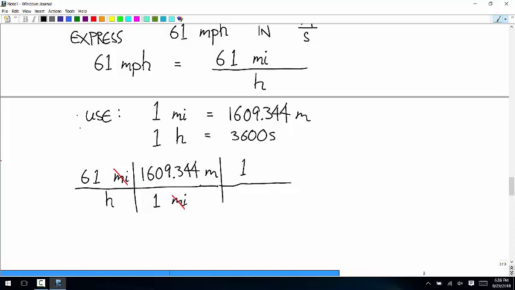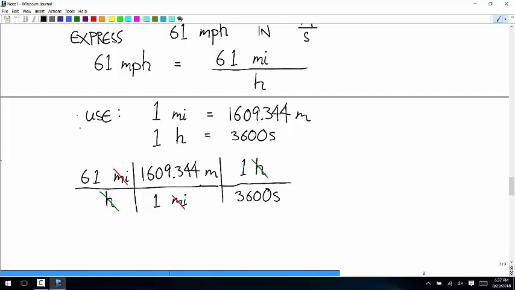So 1 hour on top and 3,600 seconds in the denominator. So that hour cancels that one. And now, if you look at what units are left, you have meters in the numerator like we want, seconds in the denominator like we want, so that's perfect.